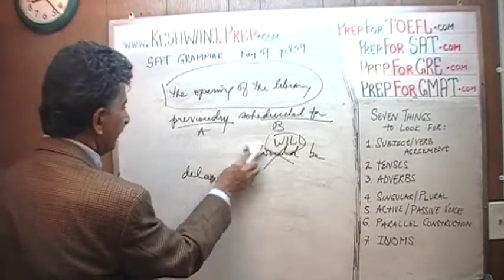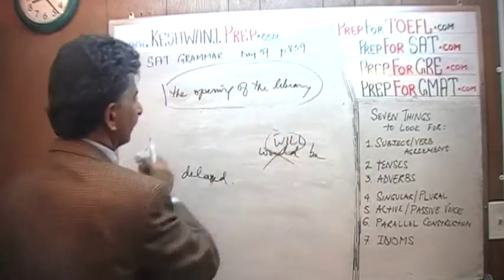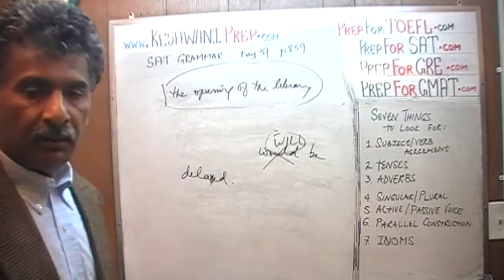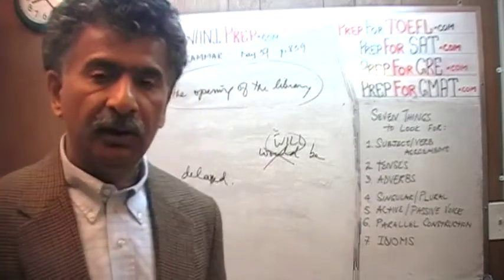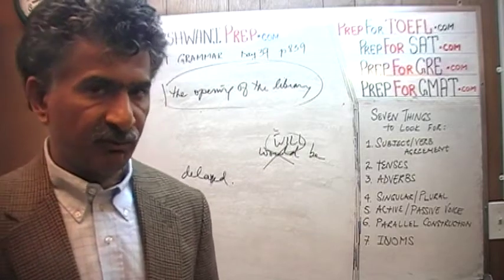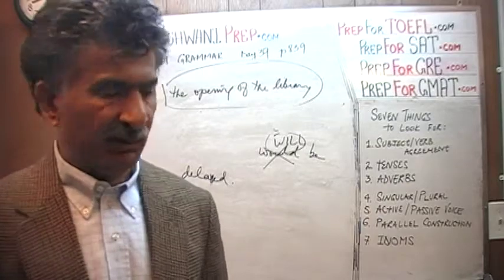If you take out this part here, it will make it immediately clear to you that it should be future tense. The opening of the library will be delayed. It will be delayed, and it goes on to say it will be delayed until next September. And it goes on to explain to us why, because of the construction difficulties. But the point here is that it is the future tense that we're looking for.